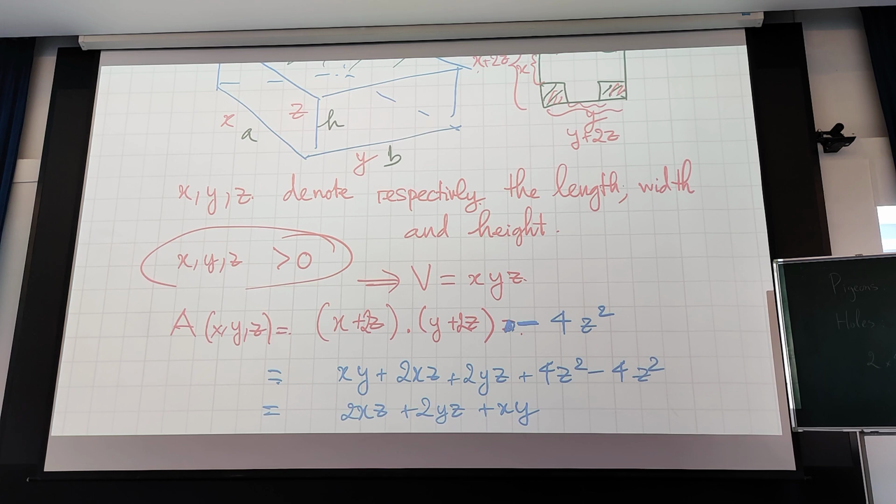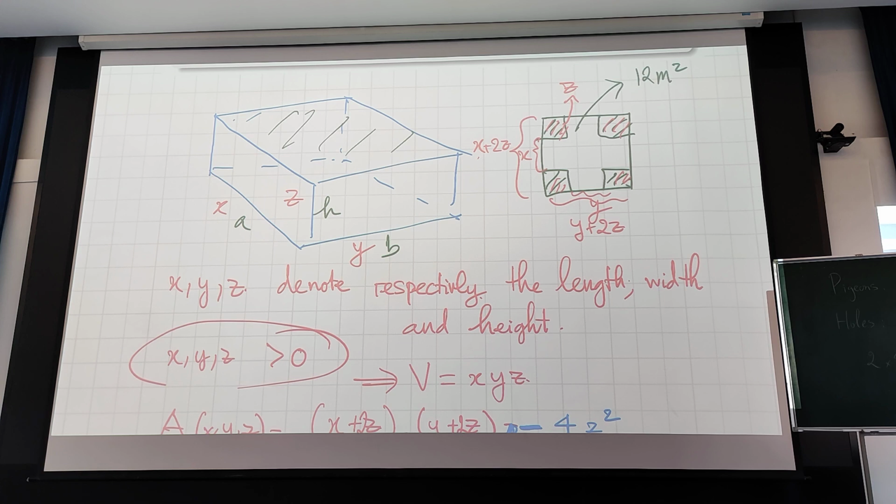Or this one is equal to the area of this rectangular box. Okay, you can see that it is the summation of the area of the rectangle, right? Without the upper lid.